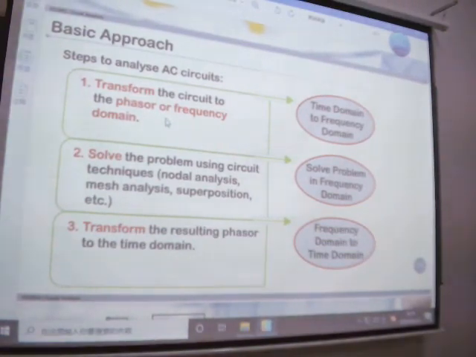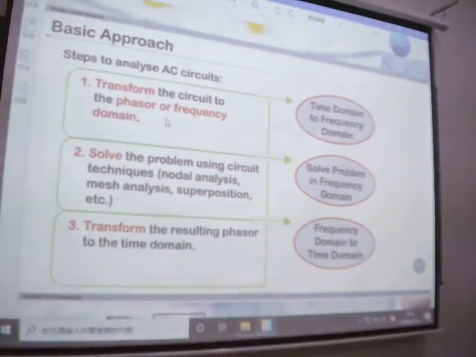Without considering j, we don't have the j inside. If we have j inside, it should be j omega L, and for the capacitor, minus j over omega C. Clear? And for the admittance, it should be j omega C.